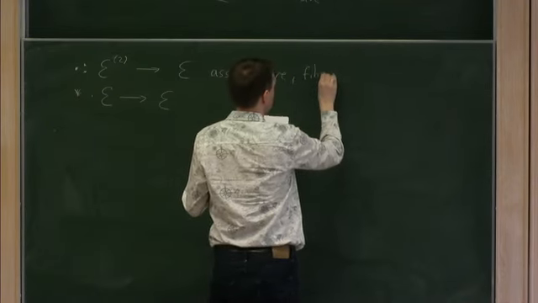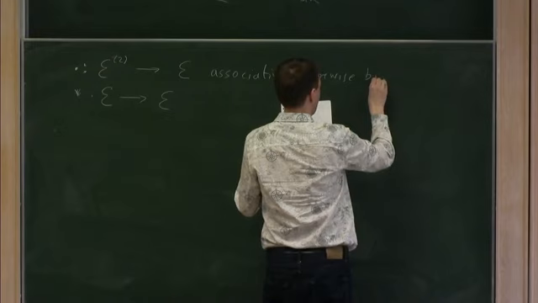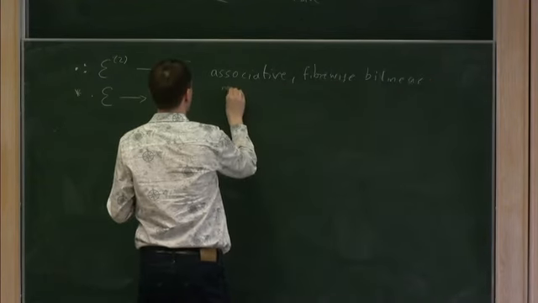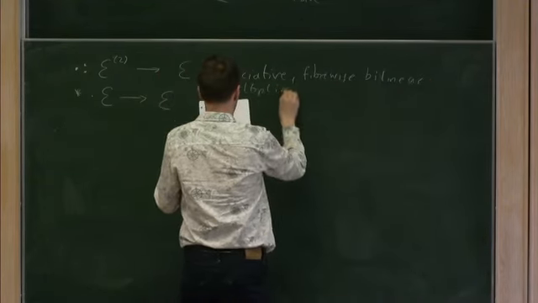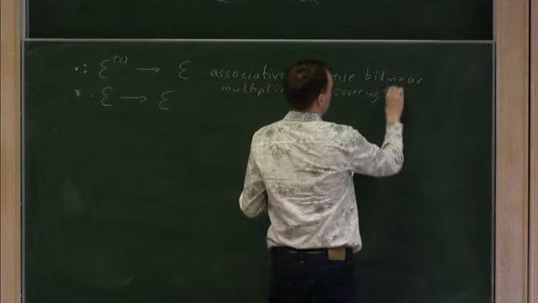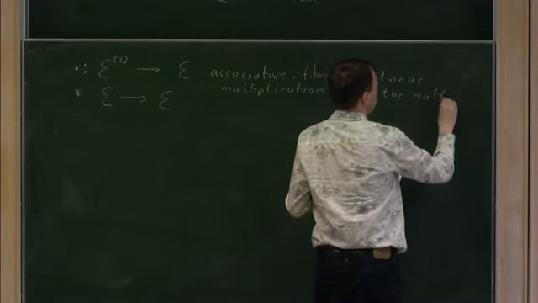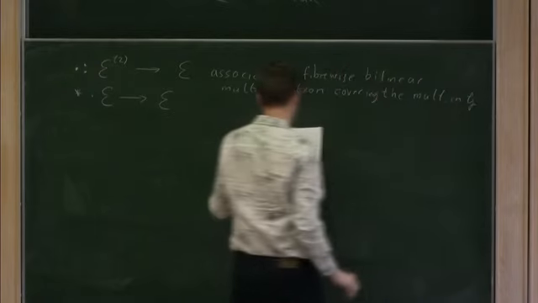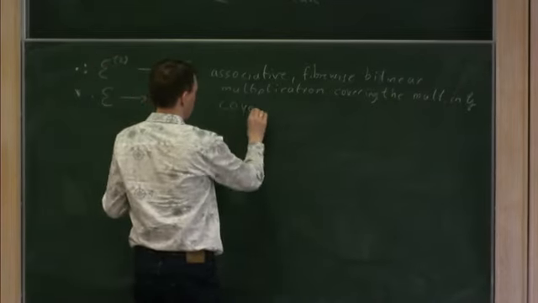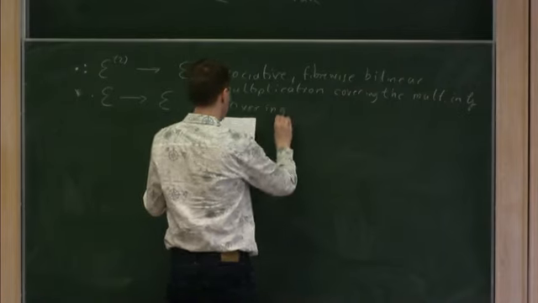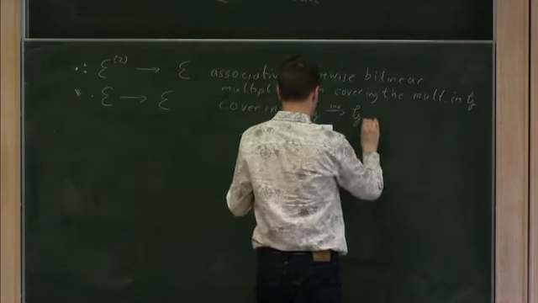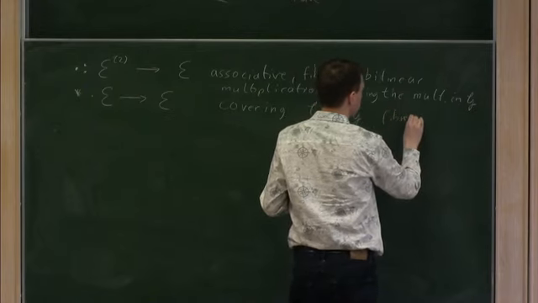It should be associative, fiber-wise bilinear. And it should cover the multiplication in G. And this star should be covering the inversion map on the groupoid and should be fiber-wise antilinear.